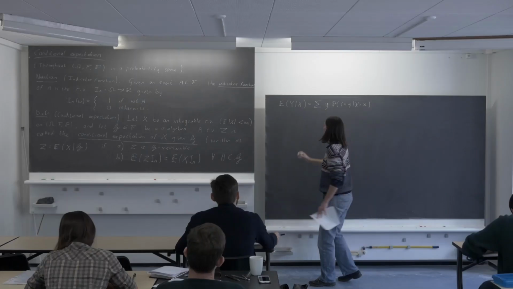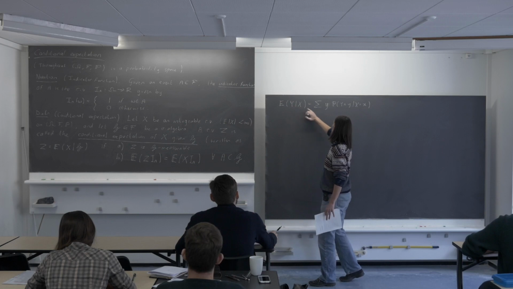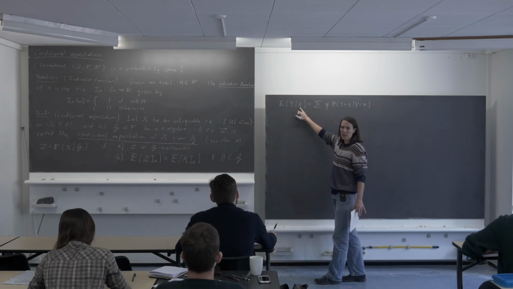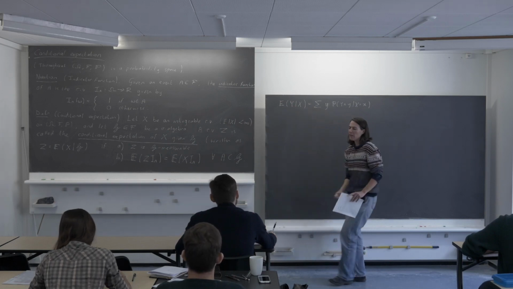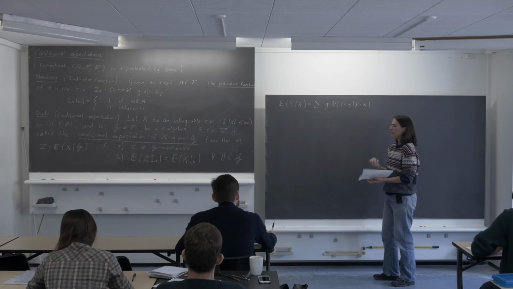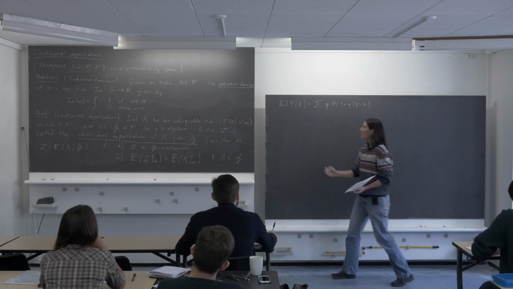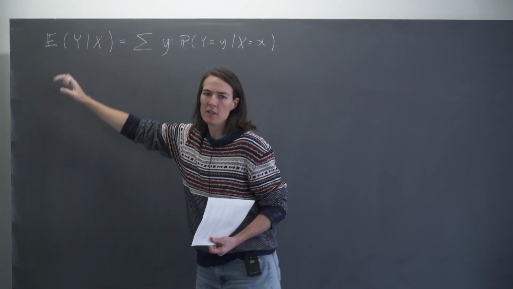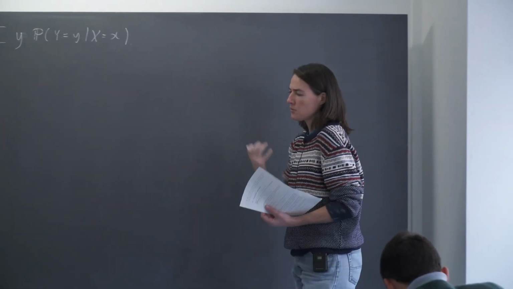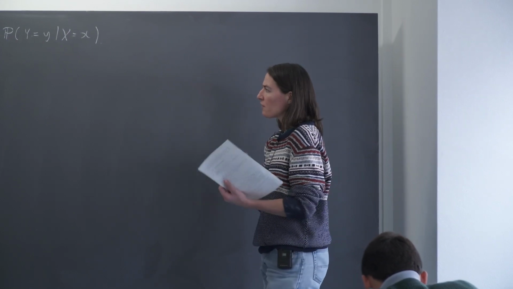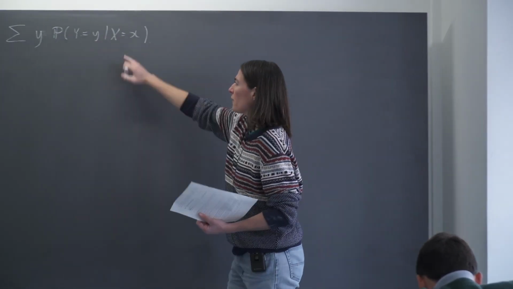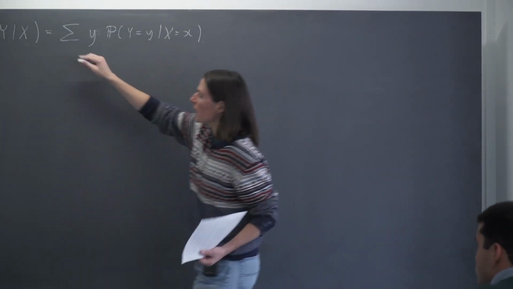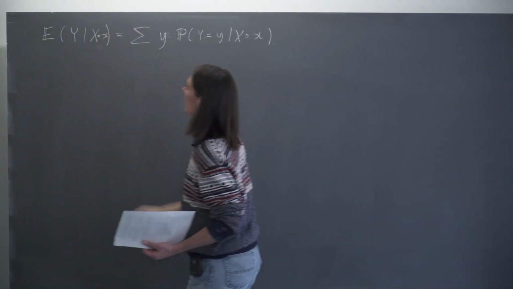Okay, so this is a definition that works if you have a random variable that you want to be conditioning on. So if I have two random variables that have a joint distribution in some way, and I tell you what the value of one of the random variables is, then this is a way that tells you how to compute the expectation of the second one, given that you know that the first one takes a particular value. So that should be an X equals x.